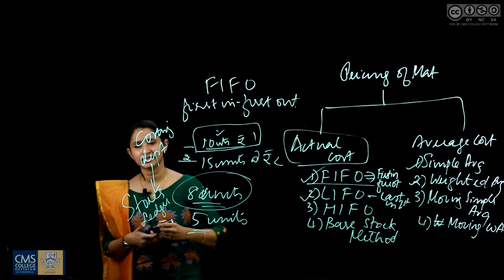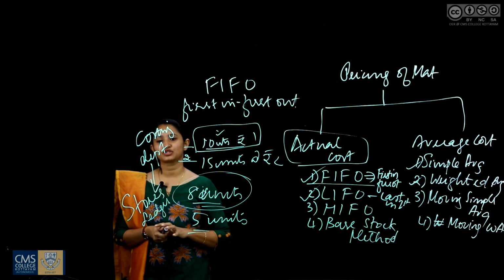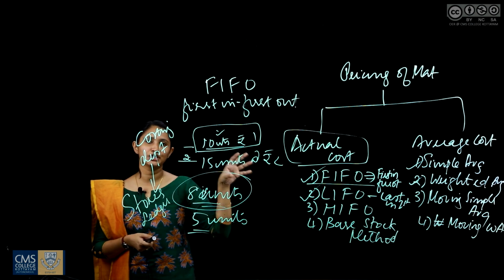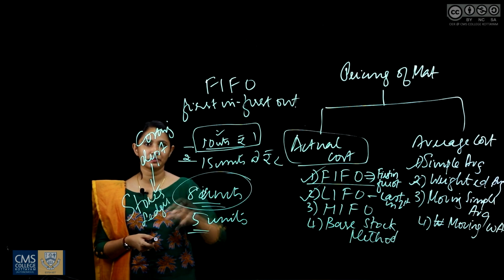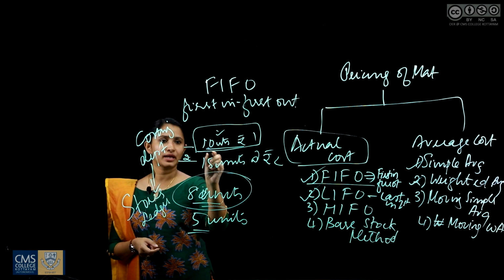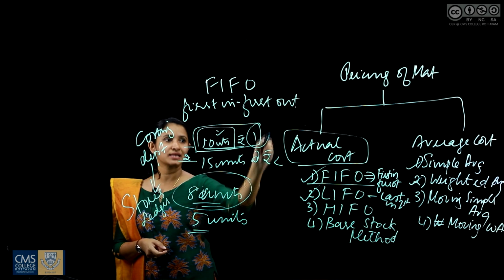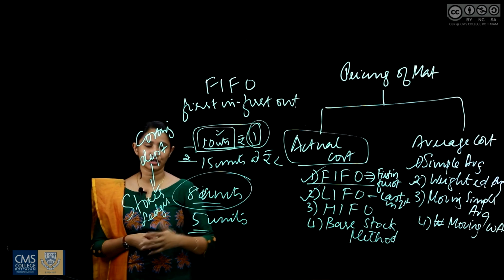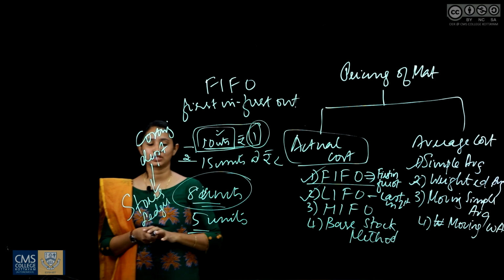We had discussed this in the other class. The stores ledger tells you the number of units that have been issued from the stores to the production department and the rate at which the materials were issued. This is exactly what the stores ledger tells you.